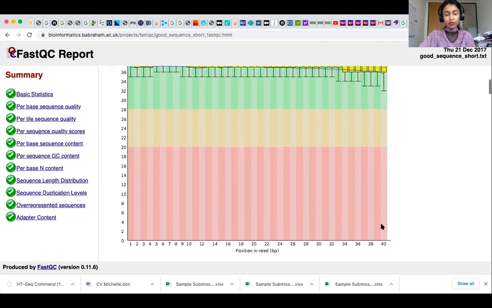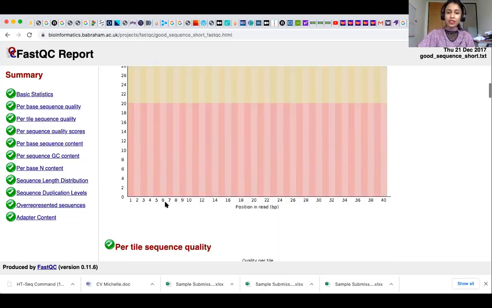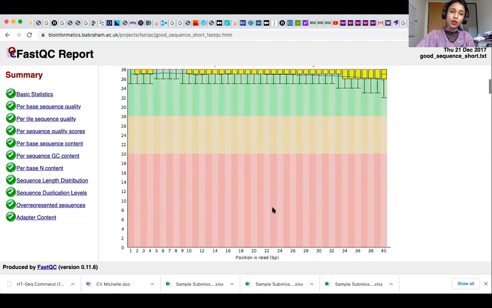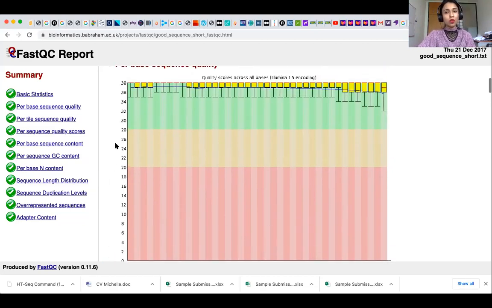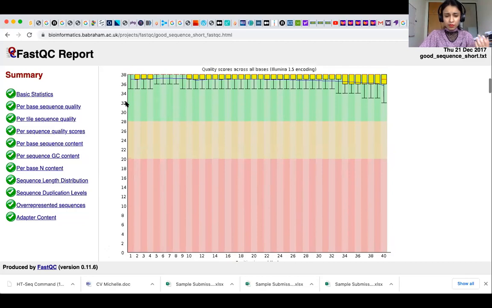Or 40 positions. And that is your x-axis, the position in read, and your y-axis is your quality score, your Q or your Phred score. It starts from 0 up to 38 here. As I showed, when you have very low quality score, the percentage of accuracy is super low.